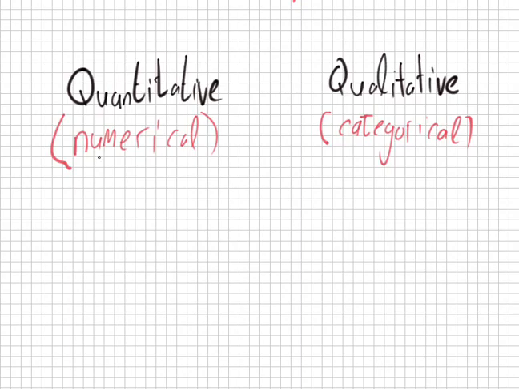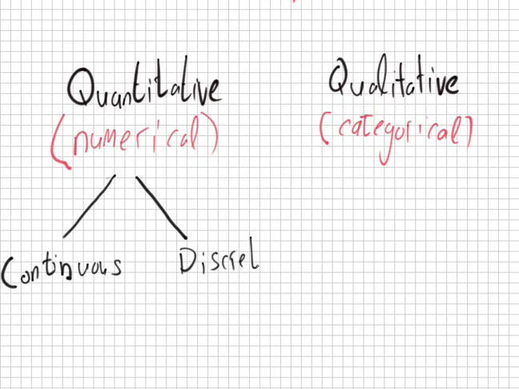So you can have quantitative continuous or quantitative discrete. Very good. And then for qualitative, you can have ordinal and nominal.